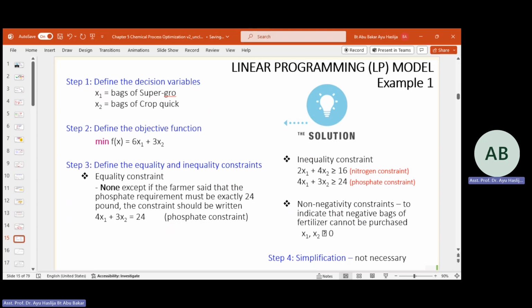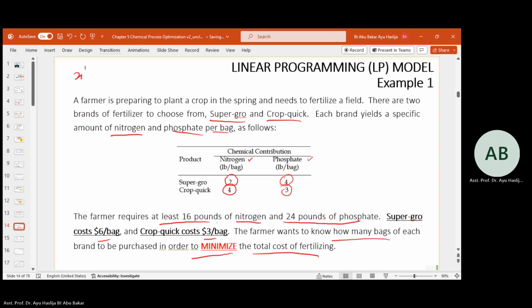Okay, we go step by step. So just now your objective function is to minimize the cost. Now, minimize the cost. How do we get this equation? Okay, so we look at the cost. Supergrow, $6 per bag.